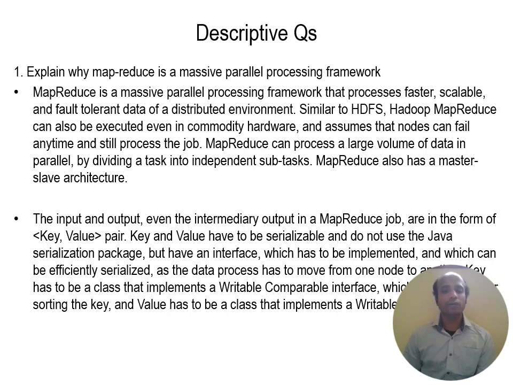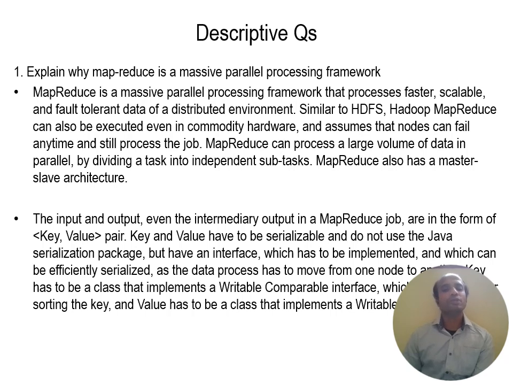Key and value have to be serializable. Do not use the Java serializable package, but have an interface which has to be implemented and which can be efficiently serialized. As the data has to move from one node to another, the key has to be a class that implements the WritableComparable interface for sorting, and the value has to be a class that implements Writable.